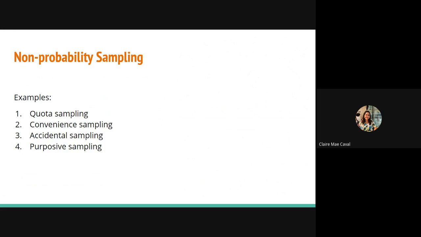It depends on the knowledge and expertise of the researcher. Okay? Quota sampling. For example, 500 students. Then the researcher will decide which students to take as the sample, the ones he or she will analyze or study. So that is an example of quota sampling.